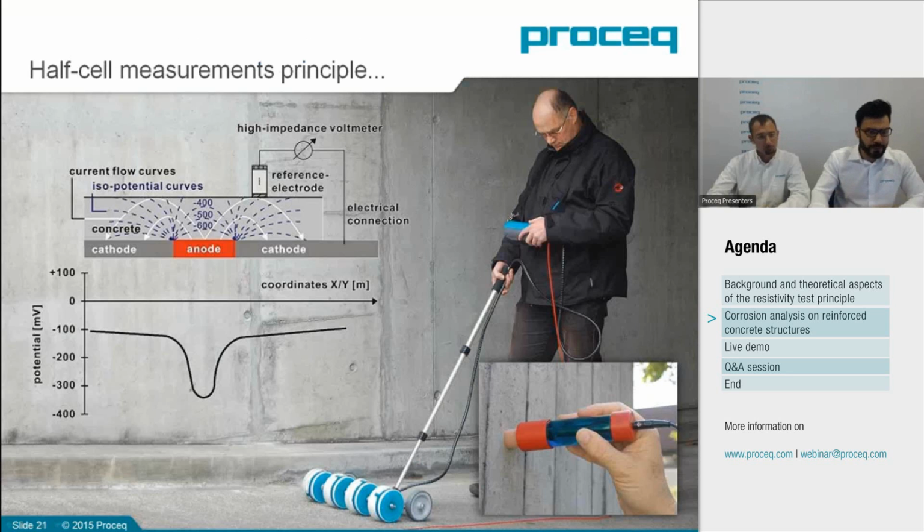So before we go into that and look at the half-cell potentials again, what would you say, Guido? We've got the NDT methods and the direct methods, and they all supplement our half-cell measurement principle. They could be used together in combination to give us a much better idea, couldn't they?